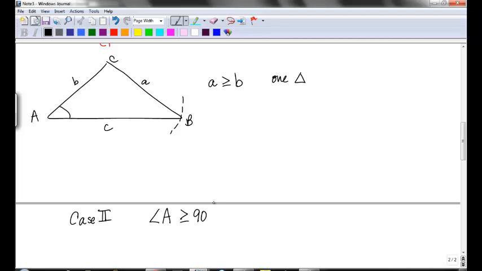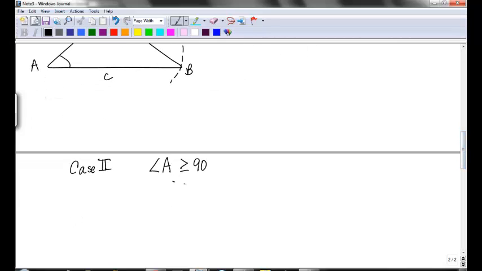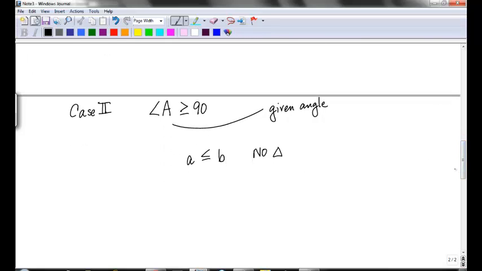If the given angle is greater than or equal to 90, and you might still put a note, this still represents the given angle, because they're going to change letters. I can't write the notes enough to put all the letters in here. If side A is less than or equal to side B, you end up with no triangle. You'll like those problems because then you don't have to solve them.